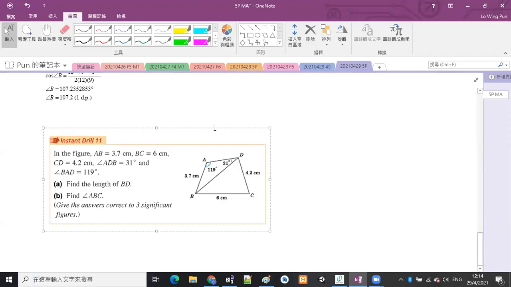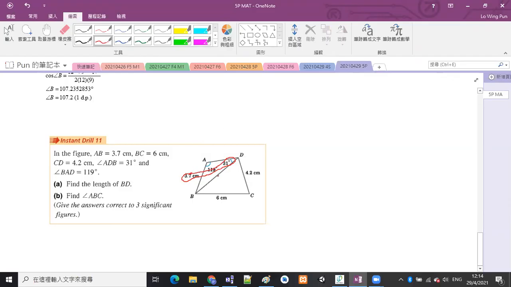Okay, so in triangle ABD, let us find whether we have one pair of corresponding length and angle. And 31 degree is looking at 3.7 cm. So it is a pair of corresponding length and angle, right?